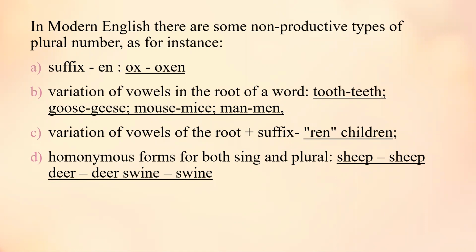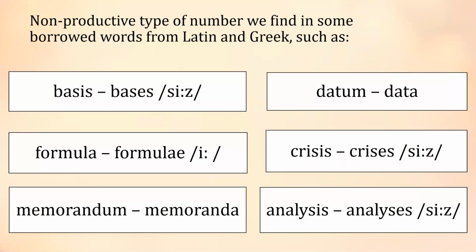For instance, the suffix -en, oxen; variation of vowels in the root of the word, tooth and teeth, man and men, mouse and mice, goose and geese; variation of vowels in the root with a suffix, children; and homonymous forms for both singular and plural: sheep, deer, swine. A non-productive type of number we also find in some borrowed words from Latin and Greek, as you can see in that table.